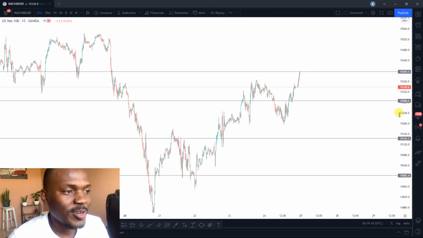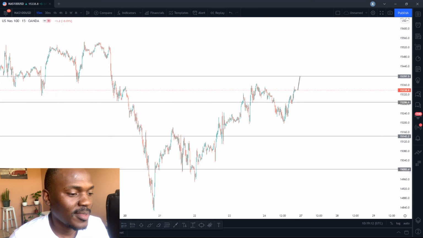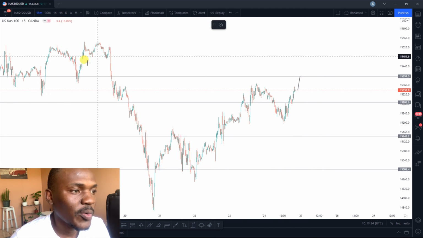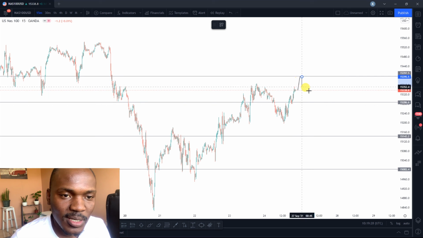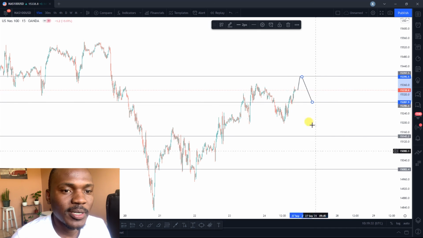So yeah, we're gonna wait for some price action on this level here, which is our support, now acting as resistance, right? And then that's when we're gonna take our trade down to our support, right?